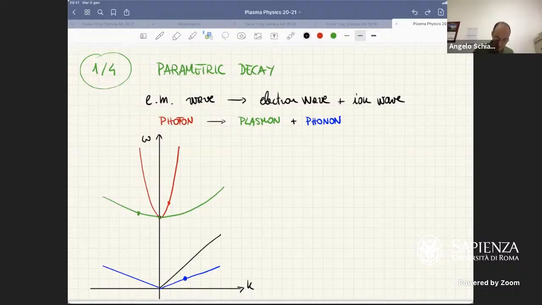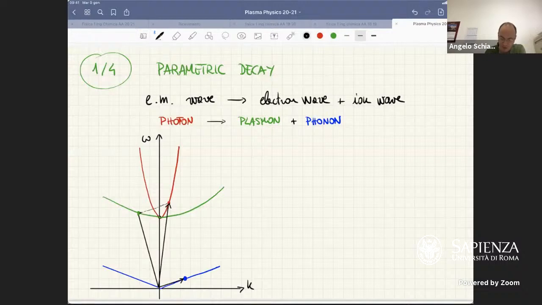Too many lines. Okay, so we have the incoming photon. Then we have that goes here. Then we have the photon here, and if we transport this back from the incoming photon, applying back this vector here, we hit the dispersion relation for the plasmon here. So actually, our last point is this one here.